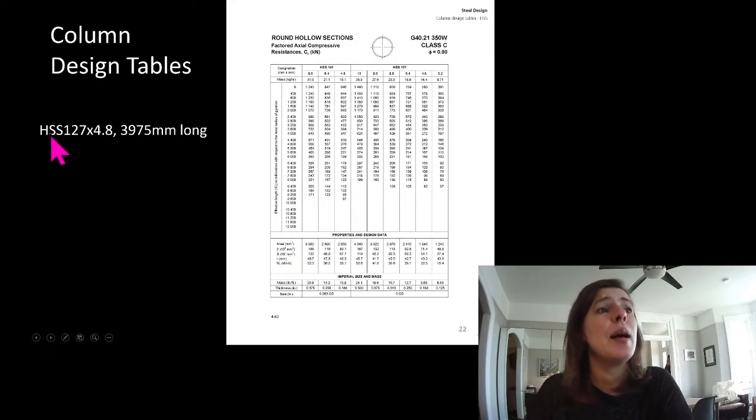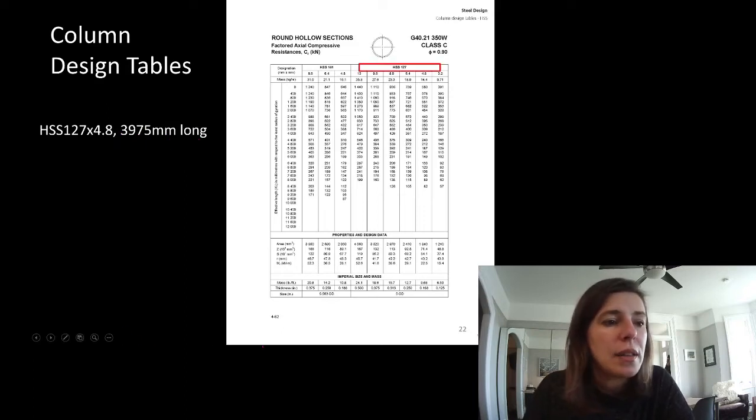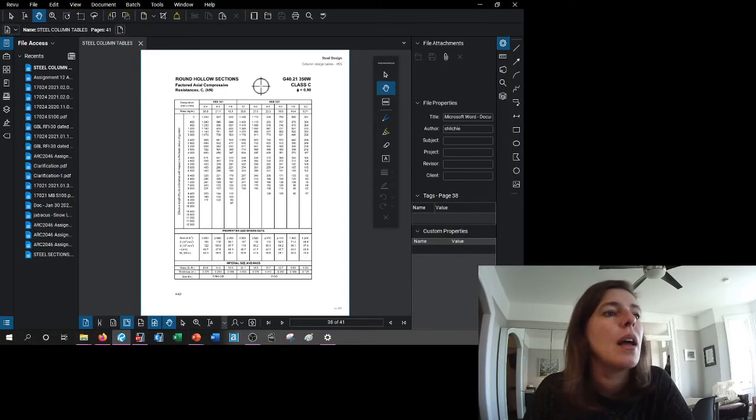So let's look up the capacity of an HSS 127 by 4.8 that is 3,975 millimeters long or tall. Well, I'm going to pull up this.